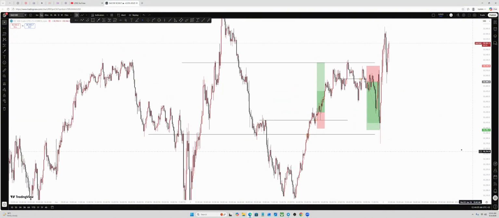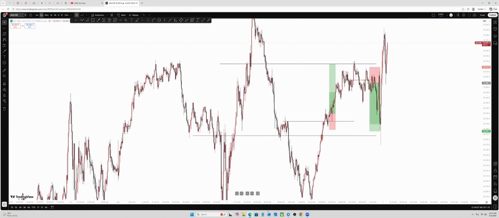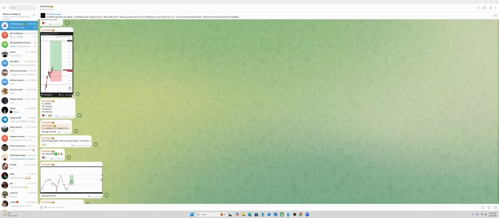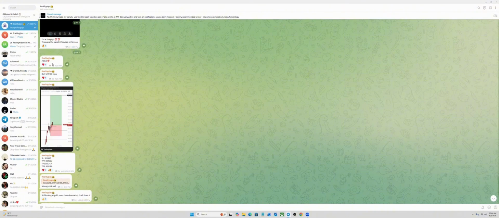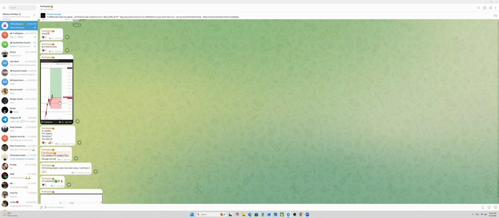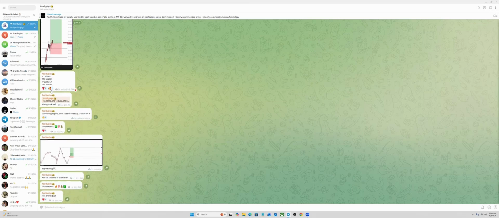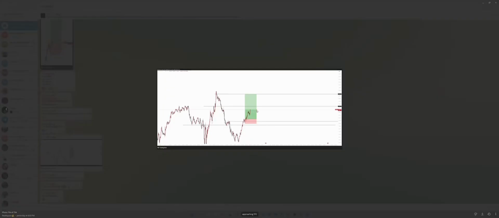That was how I caught this trade, and I also sent this trade to my Telegram community. I sent it to them, as you can see, and this was where I told them to buy NAS100, and this was the entry, and I gave them the stop loss and the take profits. This was when the trade was moving.